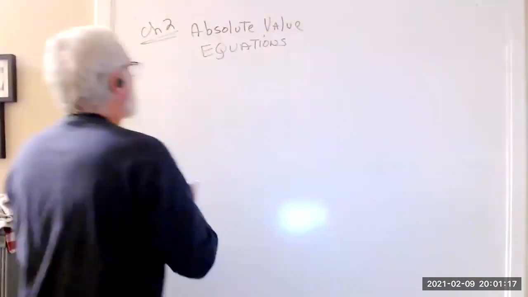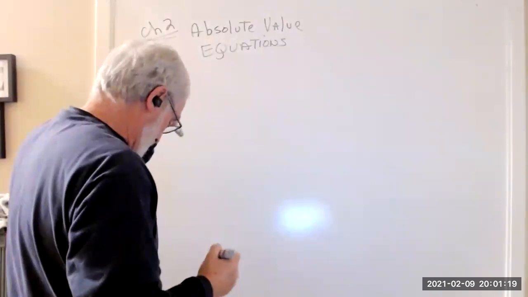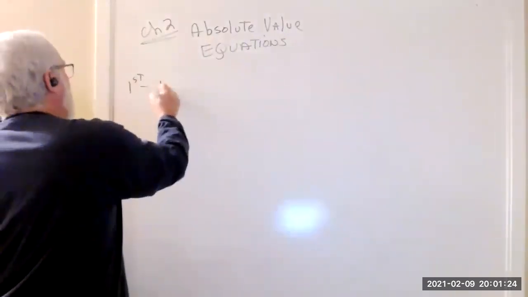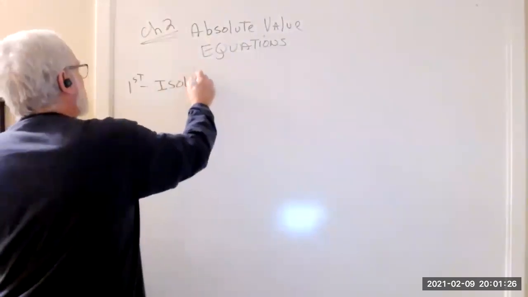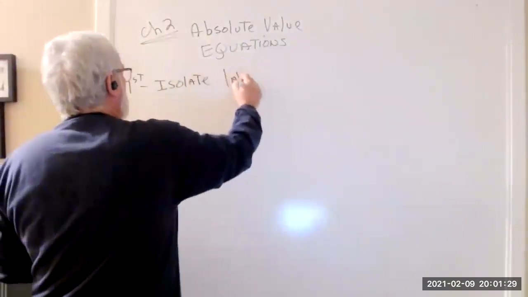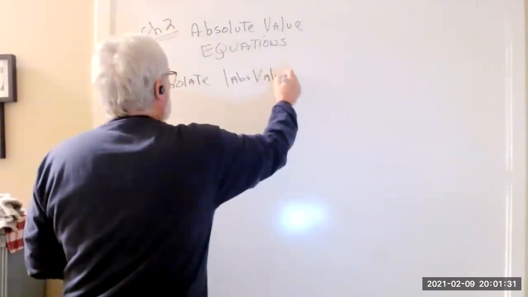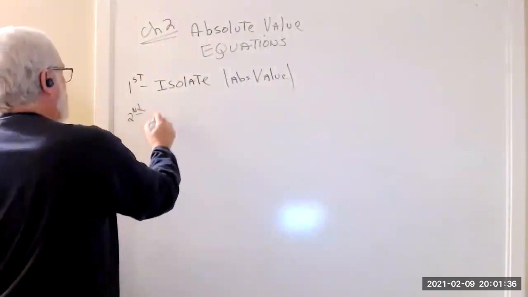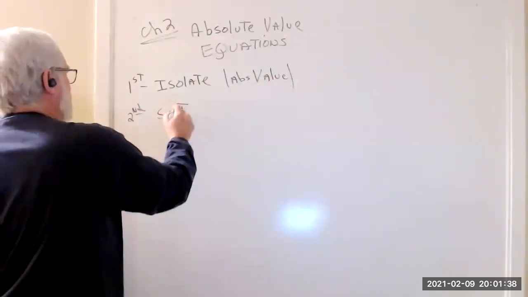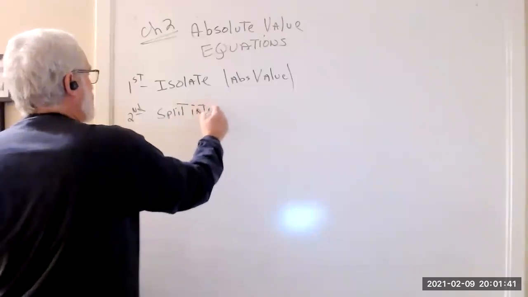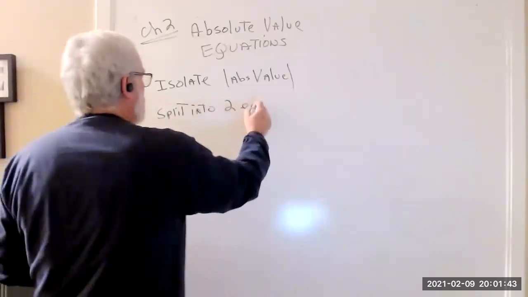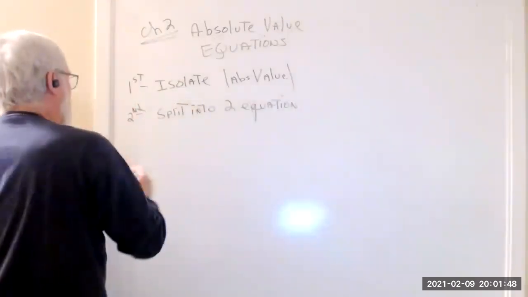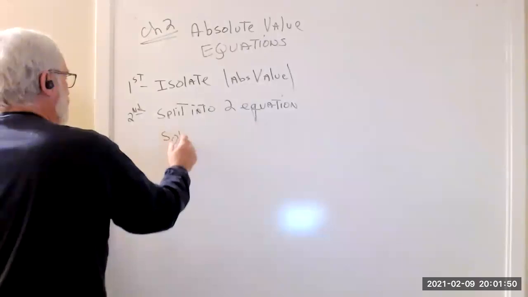Okay. Now, first, we're going to isolate the absolute value. Second, we're going to split into two equations and solve each.